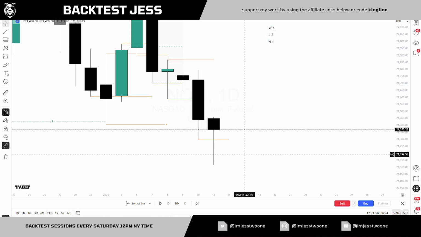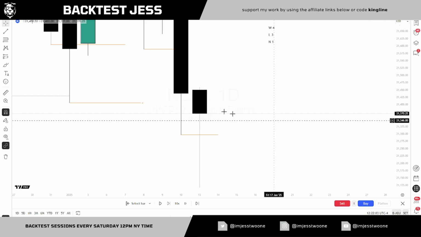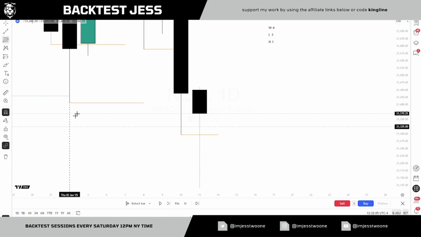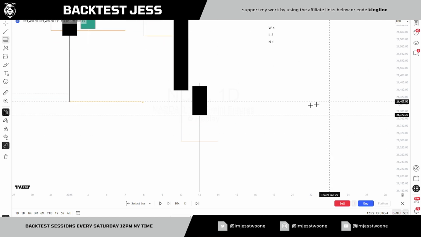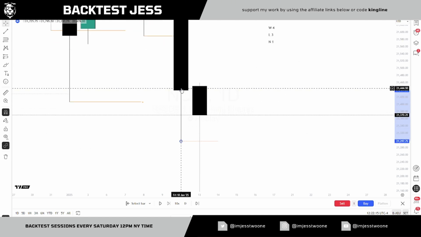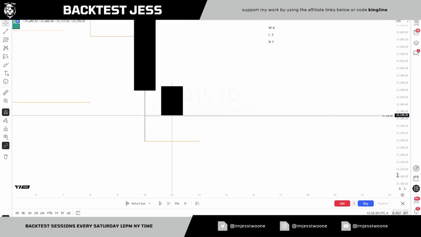Now, for more advanced theory here, let me just mark this before I continue. What I want you to consider is EQ of the wick, which is known as consequent encroachment in ICT world. So when we sweep the low and we close higher, we close still within this candle's range, but we don't necessarily close bullish, then you can simply bring up 50% of this wick. This will be a little bit more advanced, right, for daily bias.